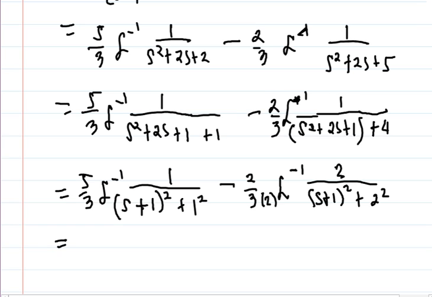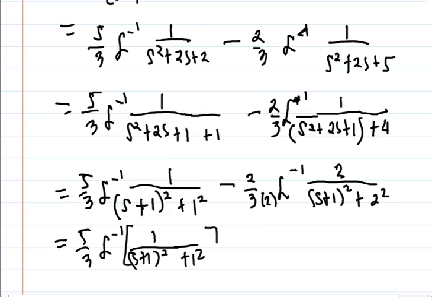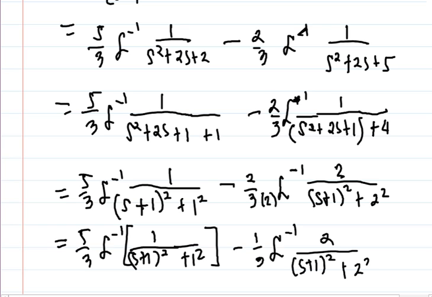So this will be equal to 5/3 inverse Laplace transform of 1 all over s plus 1 squared plus 1 squared, minus, the 2 cancels, so 1/3 minus 1/3 inverse Laplace transform of 2 all over s plus 1 squared plus 2 squared.